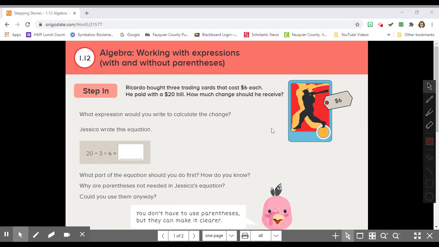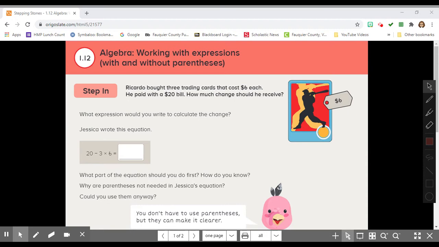Ricardo bought 3 trading cards that cost $6 each. He paid with a $20 bill. How much change should he receive? So it looks like they've already created the word problem sentence for us, and it says, "What expression would you write to calculate the change?"